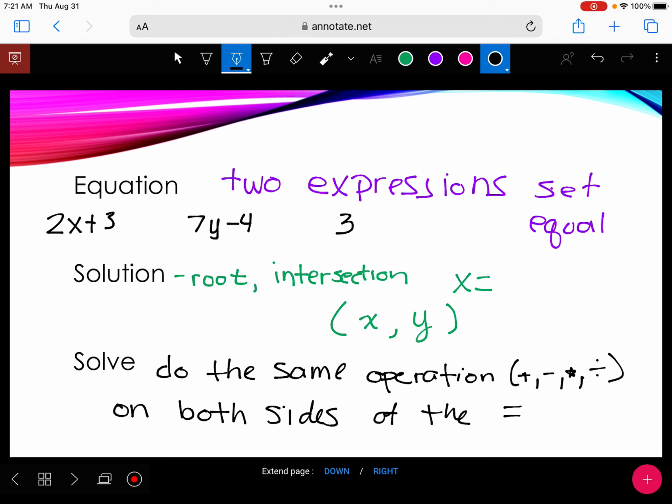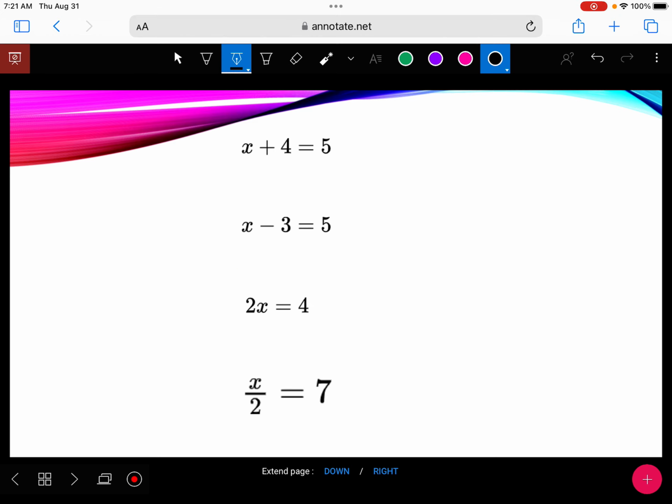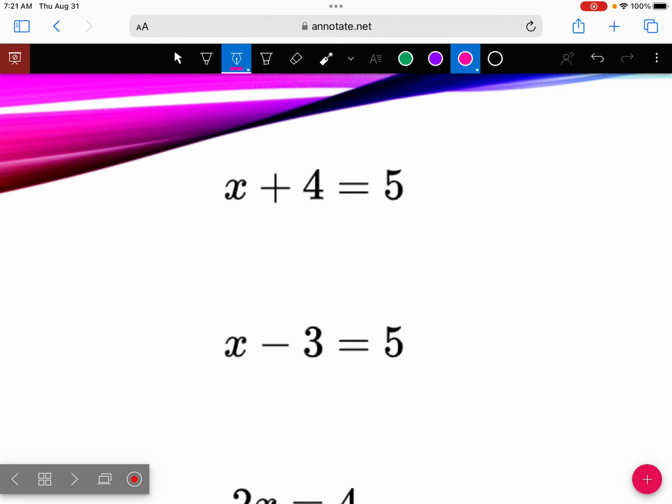Okay. Ready? So I've got 4 equations up here. We're going to practice this and make sure we can spot all the pieces we need to do. So we've got x plus 4 equals 5. What can I do to get x by itself here? Minus 4 from both sides. So I can minus 4 from both sides of my equal sign.